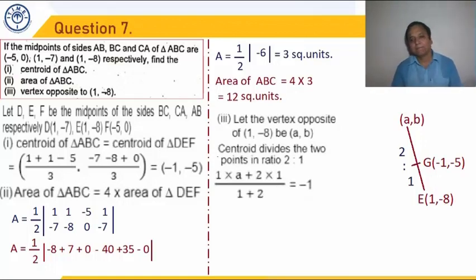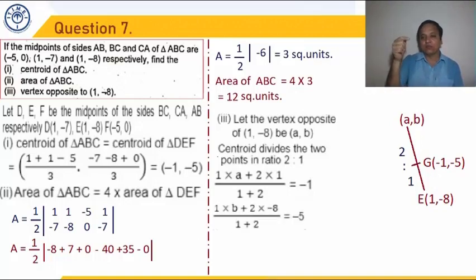It's 1 into A plus 2 into 1, upon 1 plus 2, is equal to minus 1. That is A plus 2 is equal to minus 3. So we get the coordinate for A. And similarly the y coordinate: 1 into B plus 2 into minus 8, divided by the sum of the ratio 1 plus 2, is equal to the centroid y coordinate, which is given as minus 5.